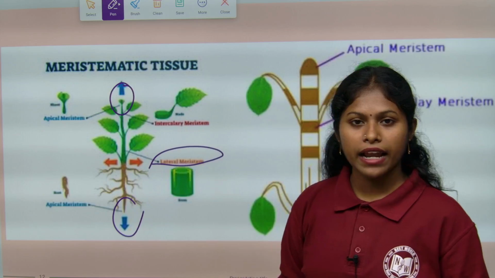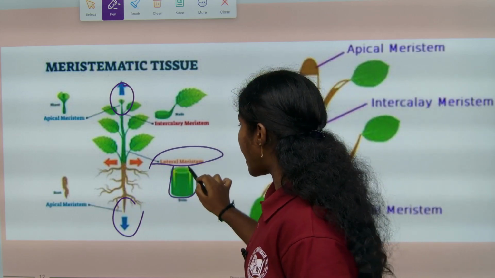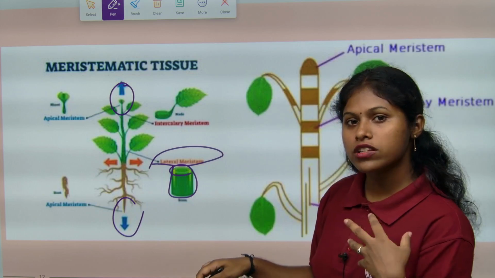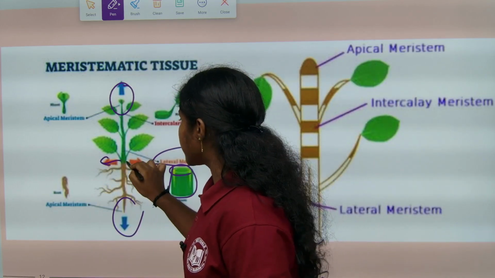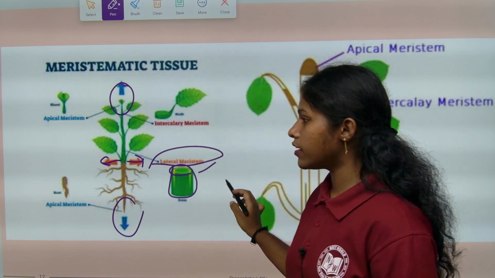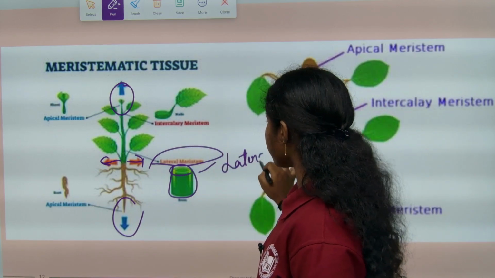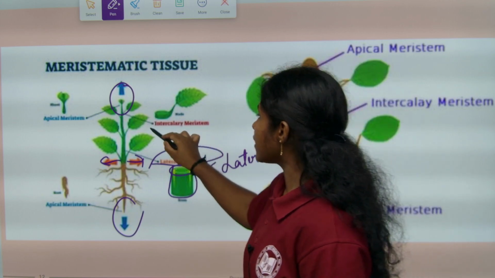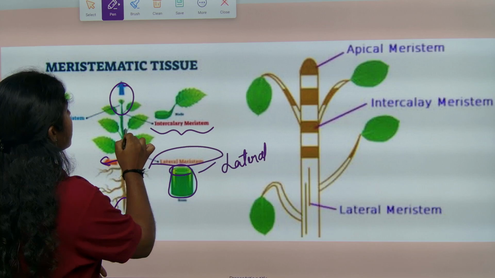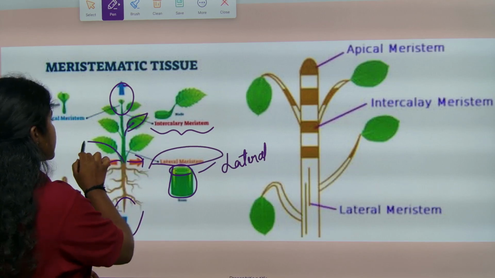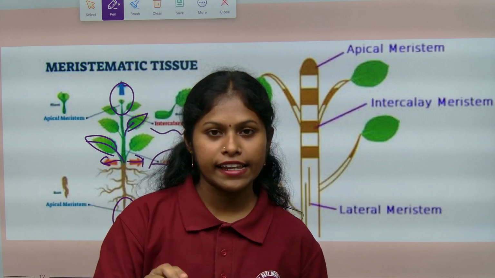Lateral meristem is involved in the widening of the plant, in the horizontal growth, children. Lateral meristem is necessary for that growth. Coming to the intercalary, children, at the base of the lamina, where the leaf, the stem or the branches are arising, there is the presence of intercalary meristem.